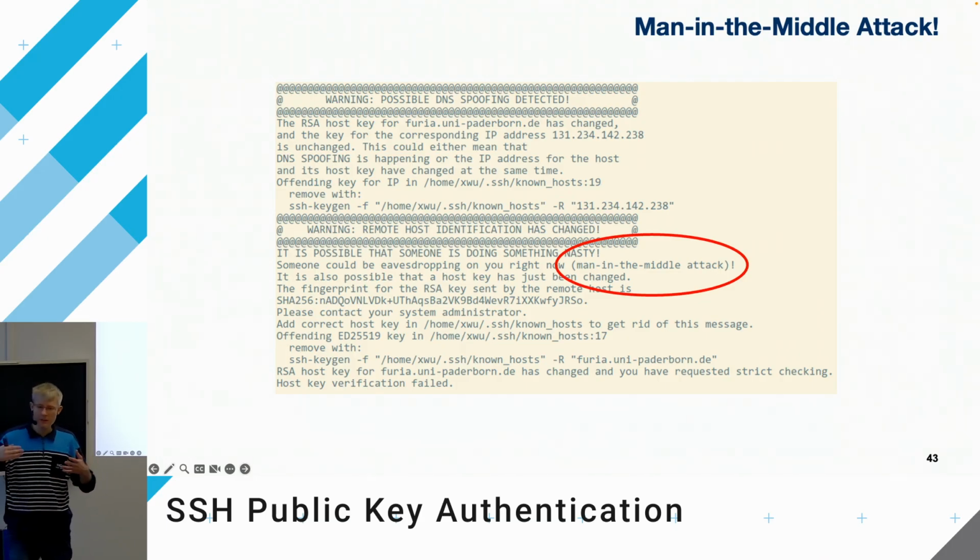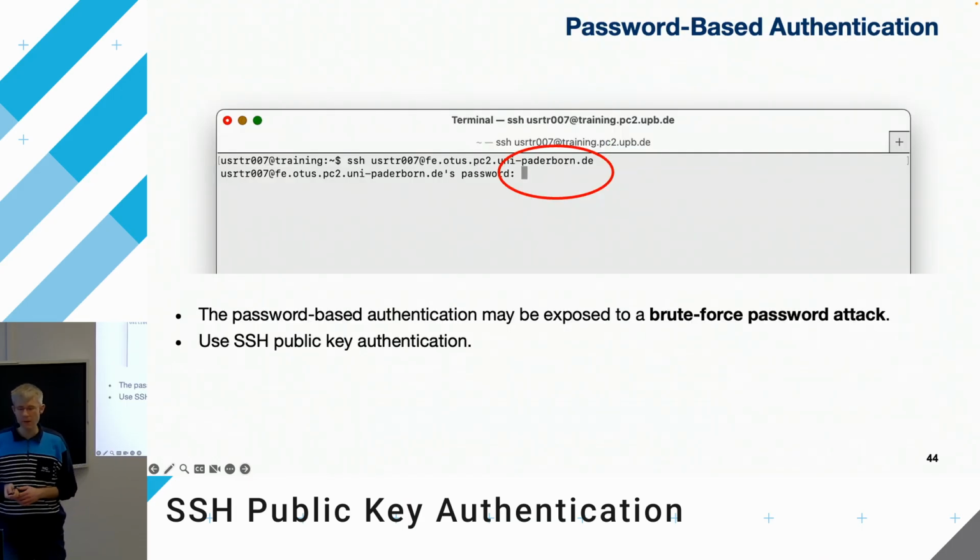Or it could be that the server administrator just reinstalled the server and changed the cryptographic identity of the server. And then we need to enter our password for authentication.